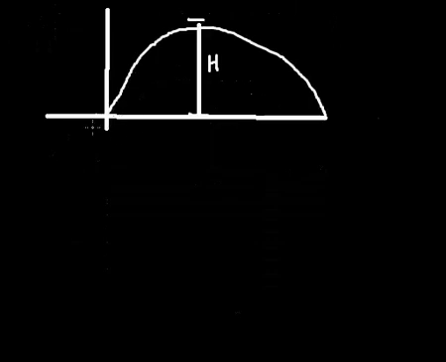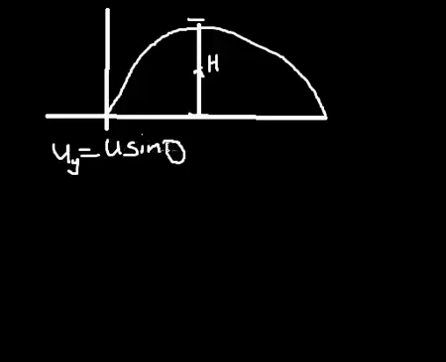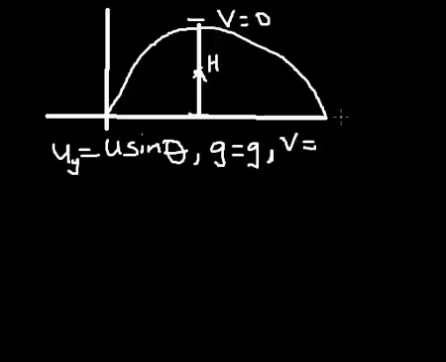Now, how do we actually derive that parameter? We're still going to consider the fact that the u we're going to consider is the vertical component, because this is the maximum height now, which of course is u sine theta. I will also consider g, acceleration due to gravity. Then we also consider another thing, which of course is very important, that v at the maximum height is always equal to 0.